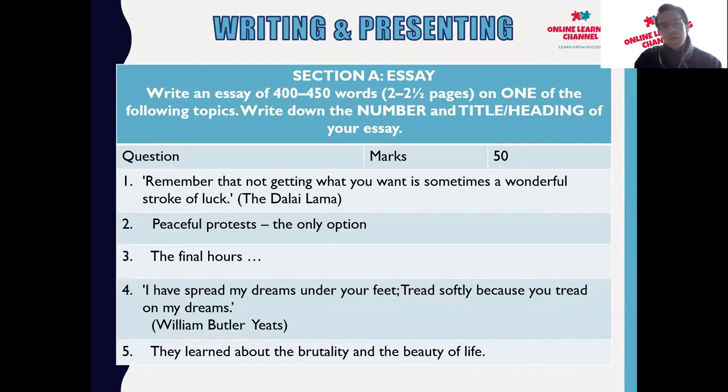And again, when it comes to making a choice, you need to make a choice that best suits you, not only in terms of your interest, but also in terms of your ability to write a comprehensive piece that pertains to that topic. You are specifically required to write down the number, the title and/or heading of your essay, so as to give the examiner an indication as to what exactly you are focusing on and what topic you are writing your particular essay on.